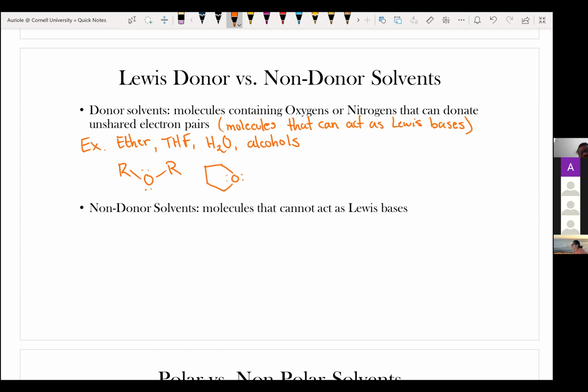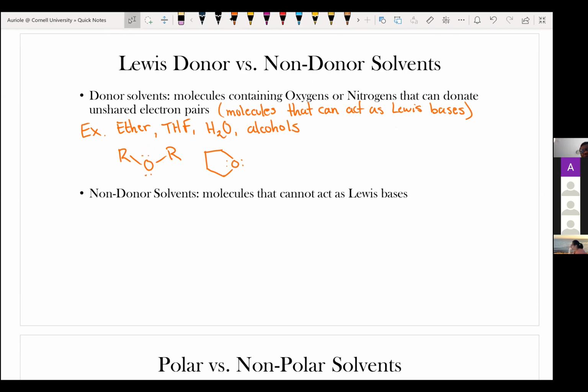And so the second part of that are these non-donor solvents. Those are molecules that can't act as Lewis bases. Some examples of these are the common alkanes that we've been talking about. We also have benzene, which you'll get a lot more into in 3580. So that's just your 6-membered ring like that.